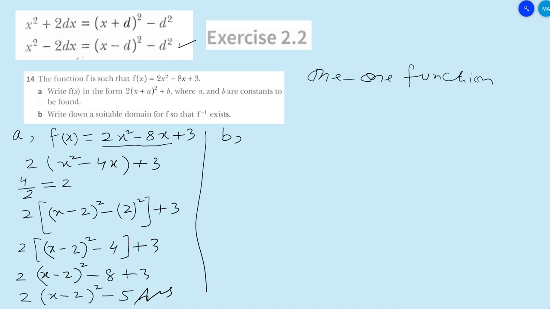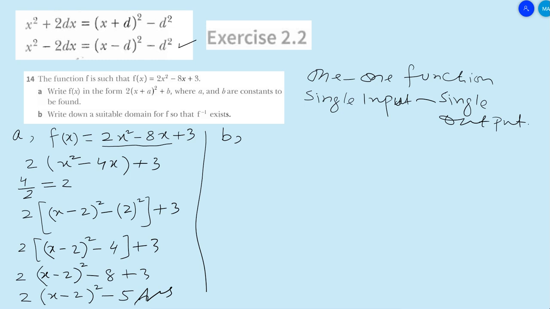One-to-one function means for a single input there is always a single output. This is the definition of a 1-1 function. So if a function is 1-1, then its inverse exists, otherwise not possible.